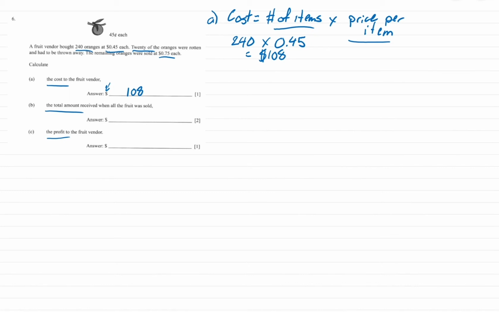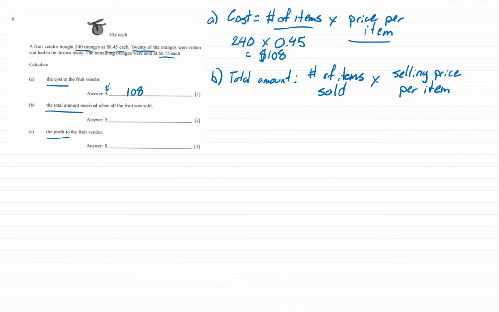So for part B, the way that we'll find out how much money we made is we have to multiply the number of items sold by our selling price per item. So let's see if we can find this information in the question.